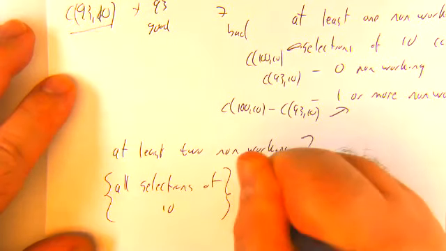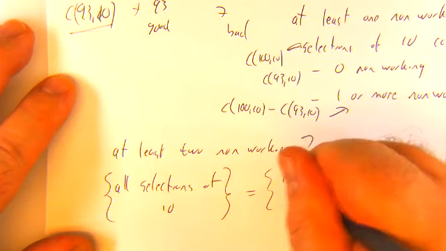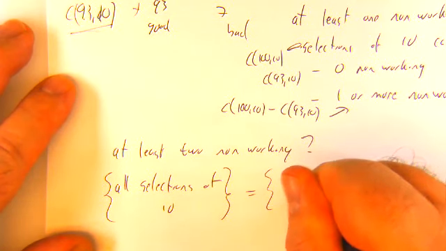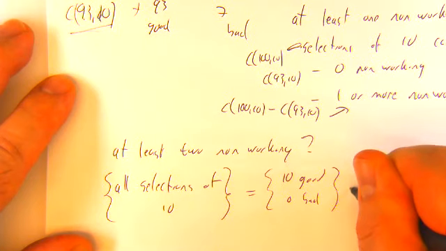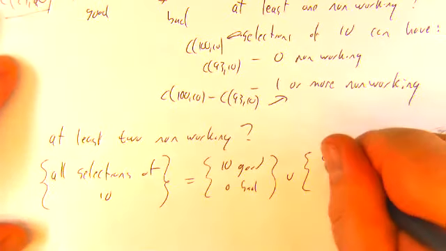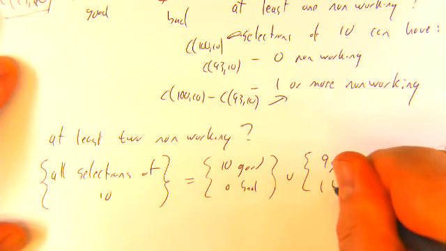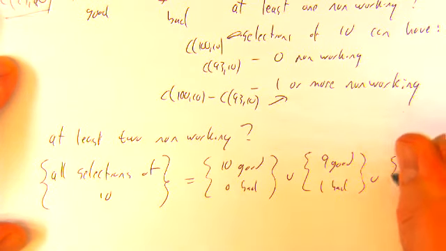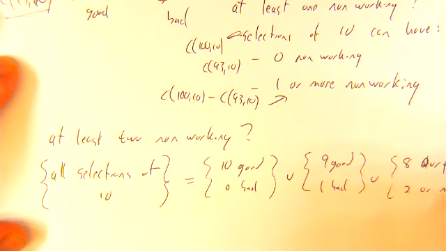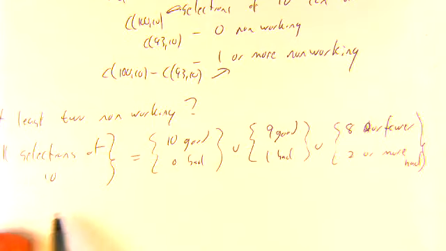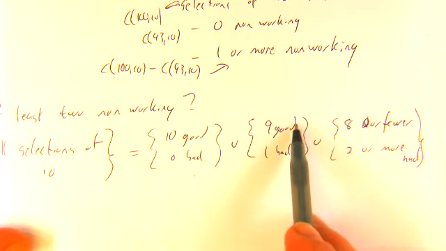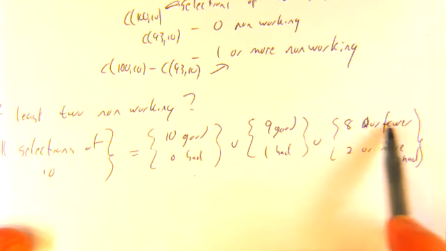It's a set, and we can break it up into 10 good, 0 bad, union 9 good, 1 bad, union 8 or fewer good, and 2 or more bad. So all my selections of 10, either they're all good, or I've got 1 bad and 9 good, or I've got 2 or more that are bad and 8 or less that are good.